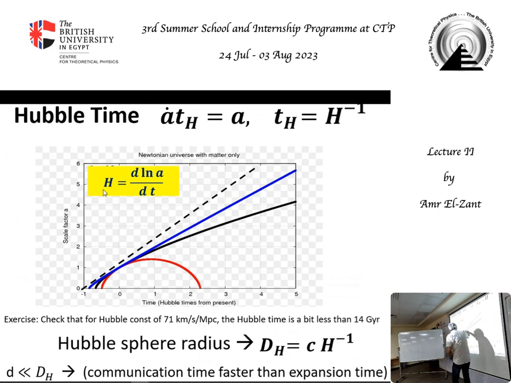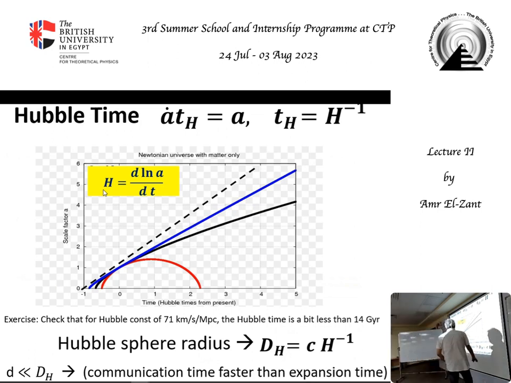For normal universes, meaning those not inflating exponentially, we'll talk about that later, or let's say the Newtonian universes we've been talking about, which can expand and recollapse and so on, the Hubble time is just a linear extrapolation, which is similar to the age of the universe.